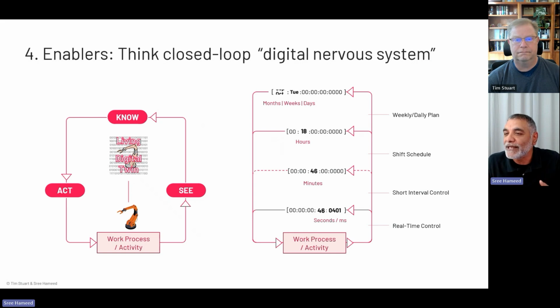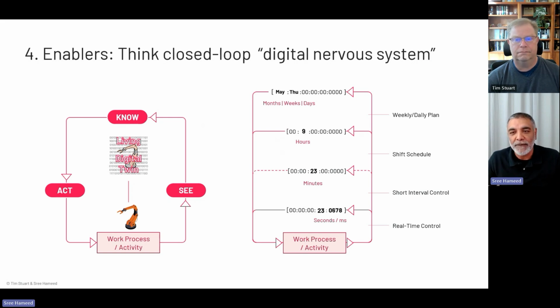Or is it at the ERP or supply chain level, where the process cadence is usually measured in days and weeks? Right. So in my opinion, the DNS, or I should say the digital nervous system concept, is more useful as we head towards this new world of AI and agentic workflows and all this other stuff, right?